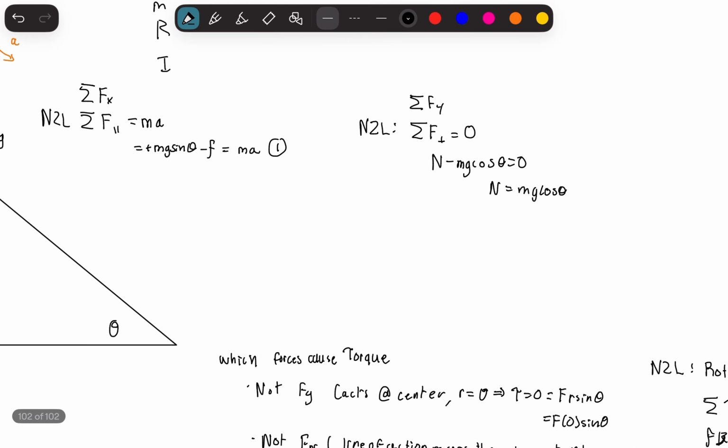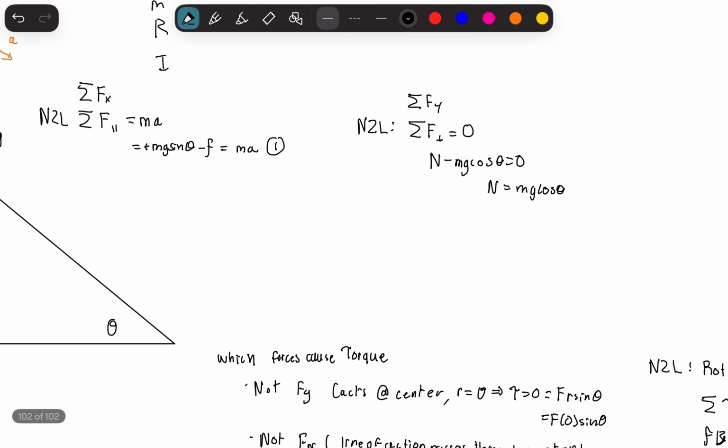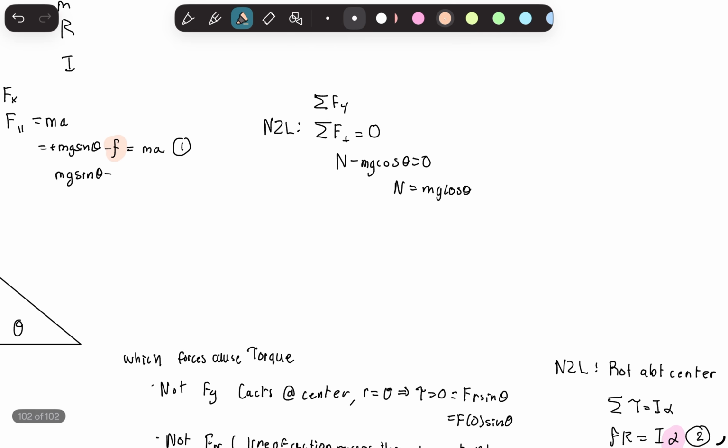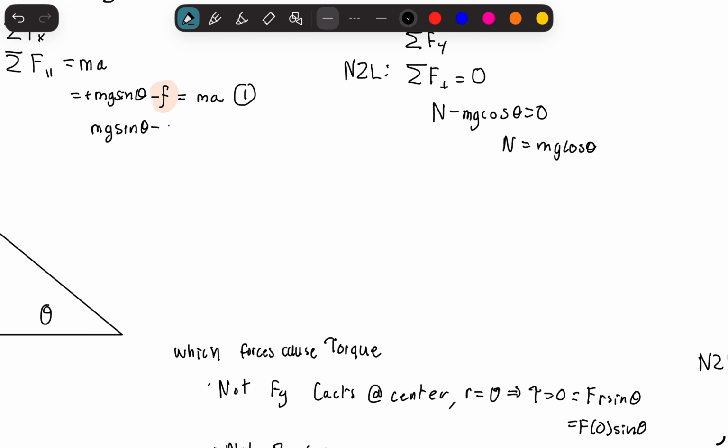When we're here, we can substitute into our equation 3. So this is going to be mg sine of theta minus what we have as our friction. So this is our third equation, right? You can take F and substitute that in for that F. That means you have I times a over R squared equal to your mass times acceleration.